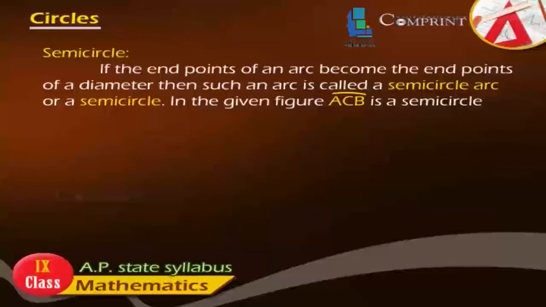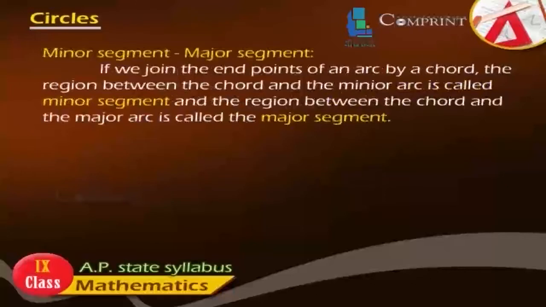Semicircle. If the end points of an arc become the end points of a diameter, then such an arc is called a semicircle arc or a semicircle. In the given figure, arc ACB is a semicircle. Minor segment, major segment.